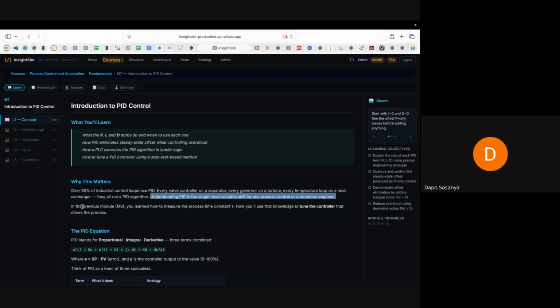So in the previous module, M6, you learned how to measure the process time constants. Now you will use that knowledge to tune the controller that drives the process. And your drives, of course, many of you that work in manufacturing, your VFDs. Even in Nigeria alone, we have tens of thousands of VFDs, because everywhere you see an induction motor, you have a VFD somewhere.